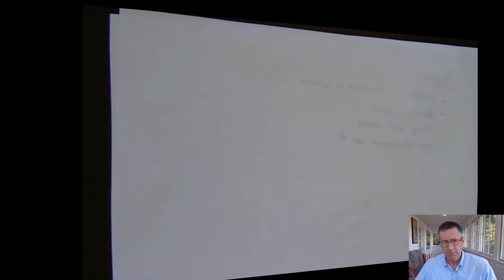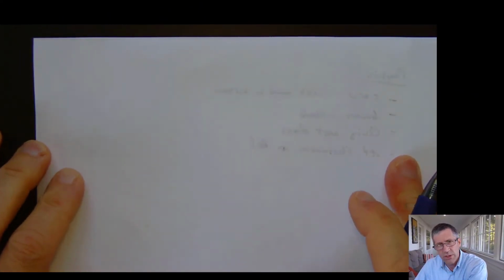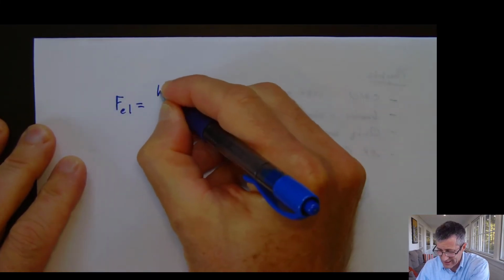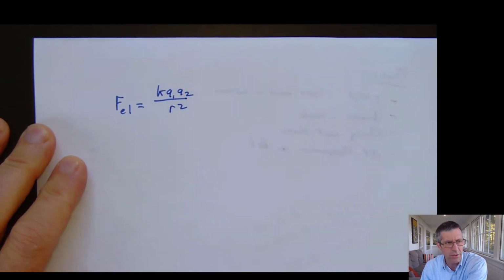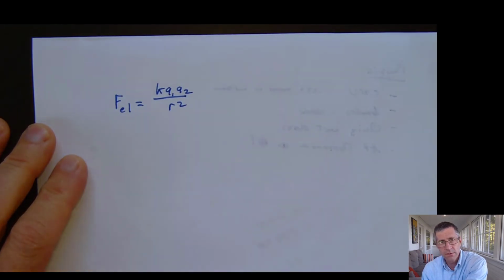So we're going to have a whole bunch of equations, and just rearranging those you should get some practice with and be comfortable with. So for instance, we know the electrical force is going to be K times the product of the two charges divided by the distance squared. So you should be comfortable solving for any single variable that's in here.